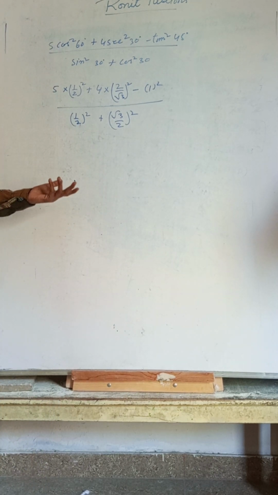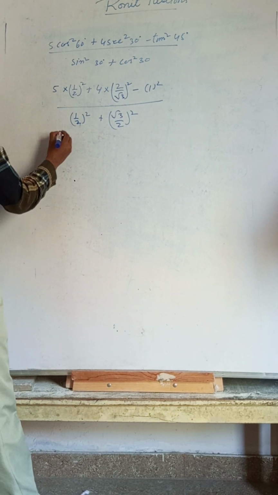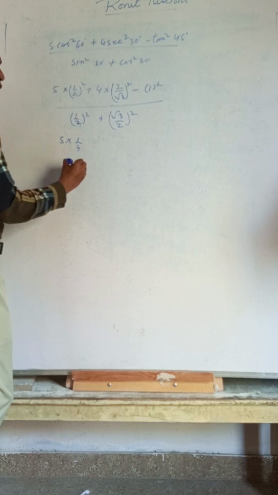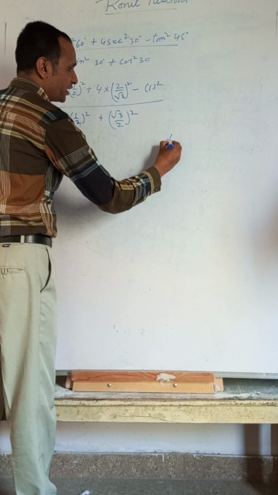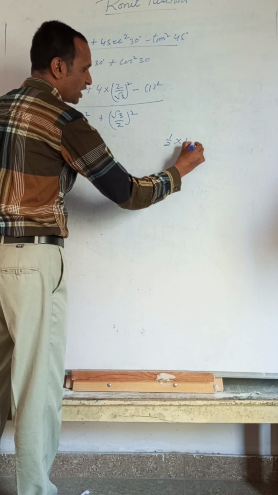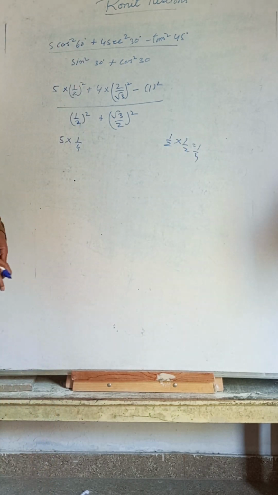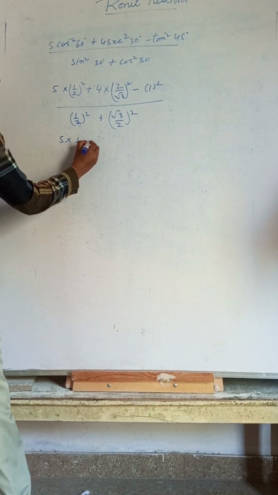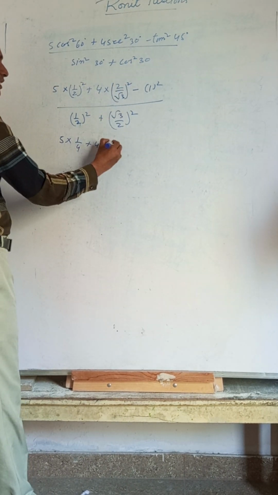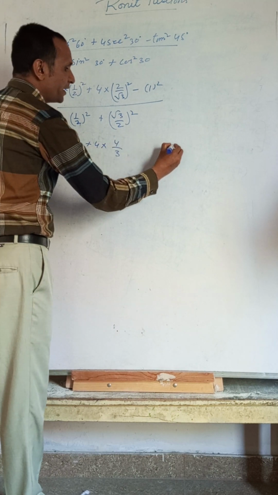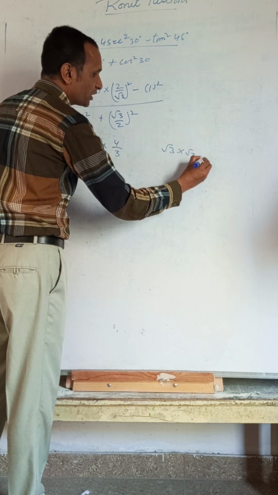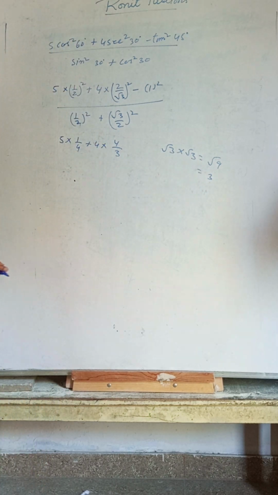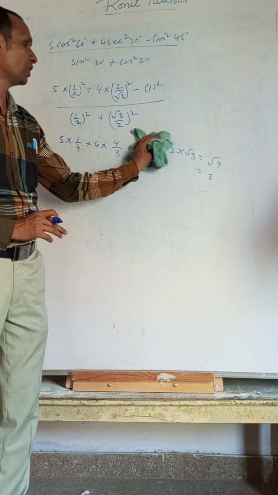Now we are solving like arithmetic. 5 into 1 by 2 whole square is equal to 5 by 4, because 1 by 2 into 1 by 2: 1 ones are 1, 2 twos are 4. Next, plus 4 into 4 by 3, since root 3 into root 3 is root 9, which is 3.